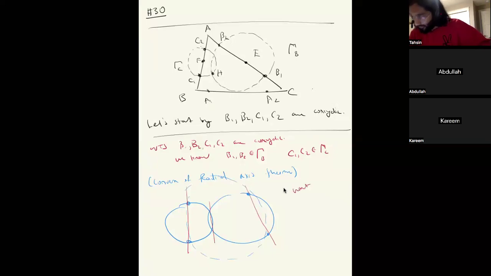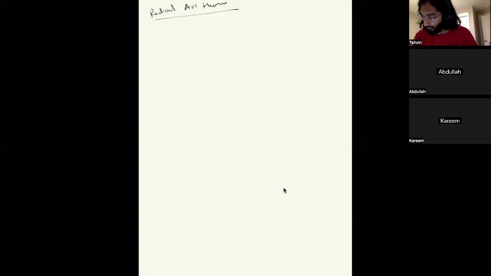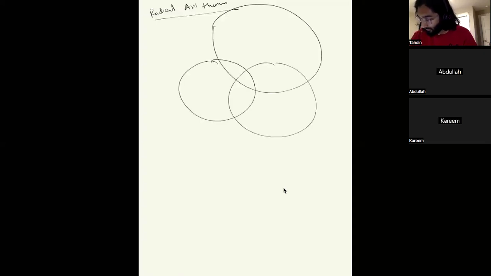Oh, so it doesn't matter which pair we choose. No, it does. It matters which pair, right? Well, what does radical axis say in general? It says that if I have three circles, I have to take their pairwise radical axes.